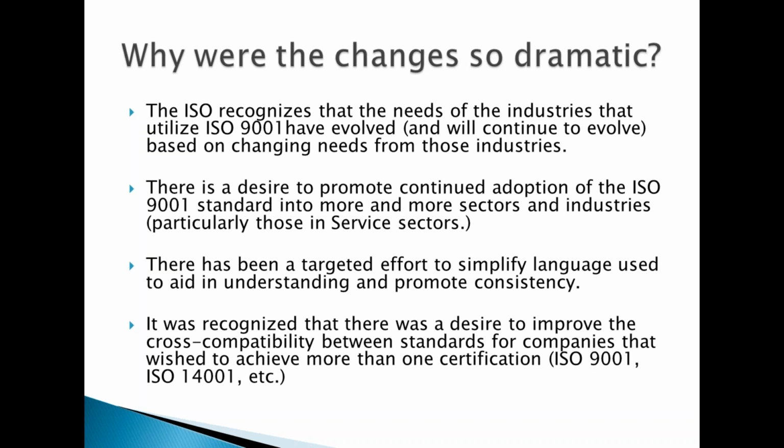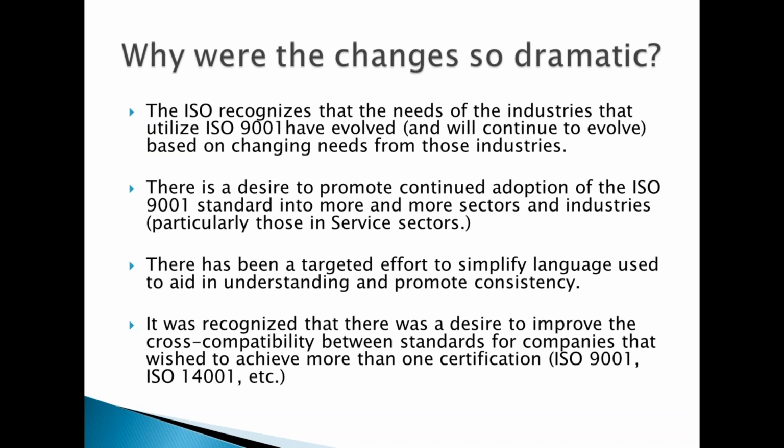Those needs have evolved. And so the standard itself has to change and evolve. Obviously, the ISO wants to see ISO 9001 continue to grow and be utilized in as many sectors and industries as possible. Particularly, they'd like to see growth in the service sectors.